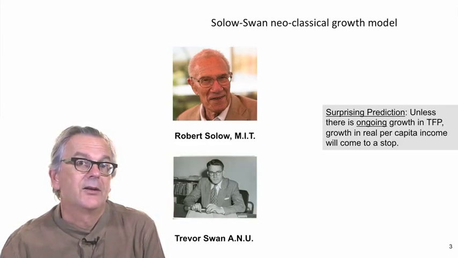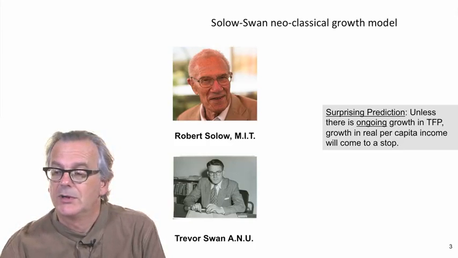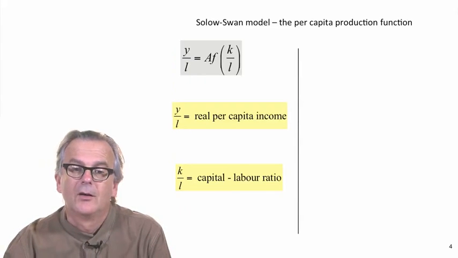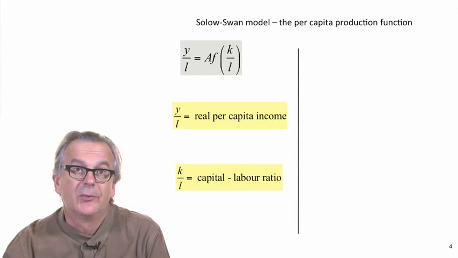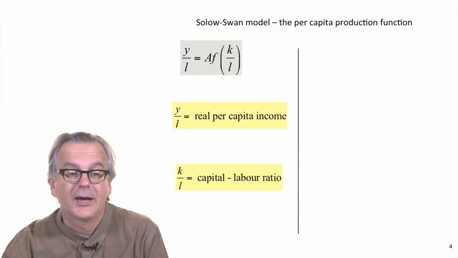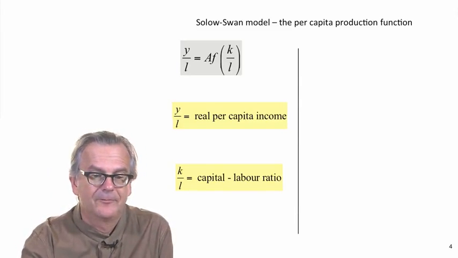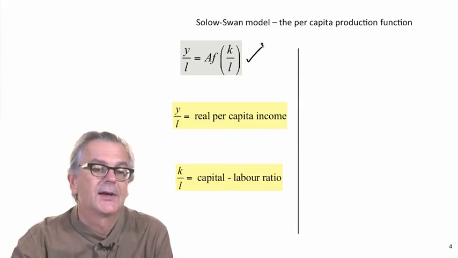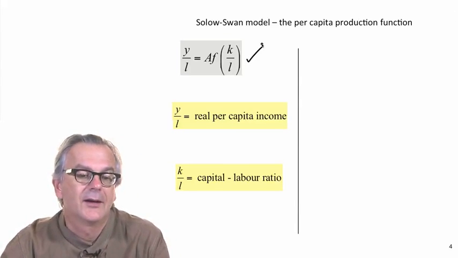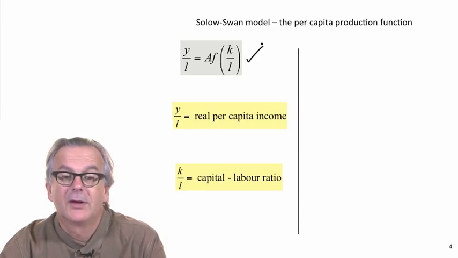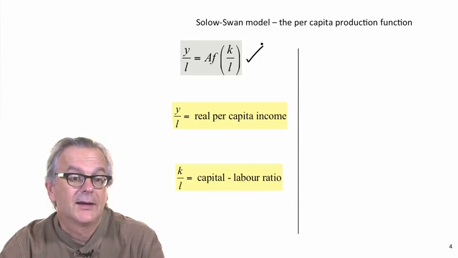So let's begin, and actually a lot of this will be familiar because we're going to build on many of the concepts that we touched on in our previous lecture. We'll be working, as is appropriate for a model of economic growth, with the per capita production function, which we illustrated diagrammatically in our previous lecture. We can also represent it mathematically. This is just shorthand notation, and if you think about it, what you're looking at there is really just a mathematical representation of the two-dimensional per capita production function we worked with in our last lecture.